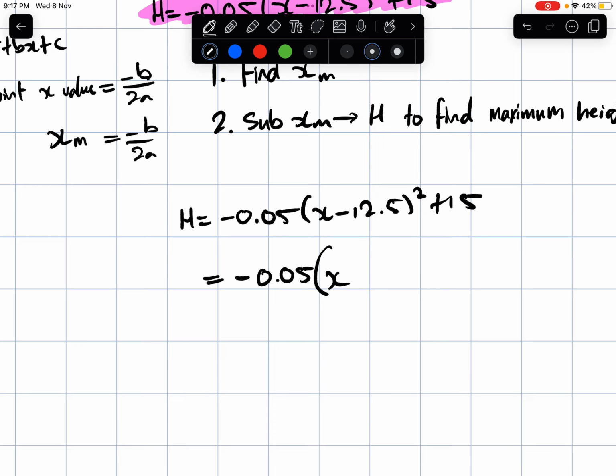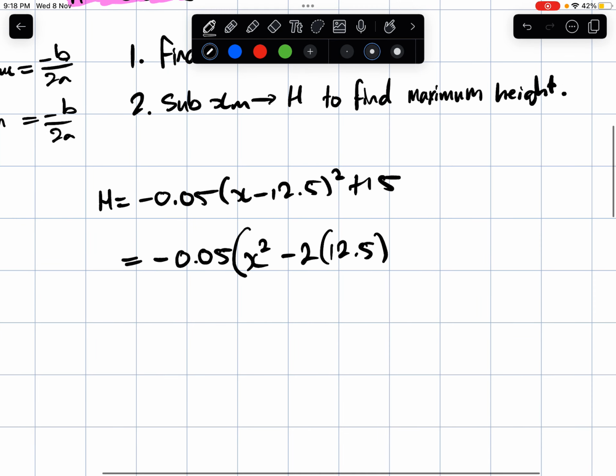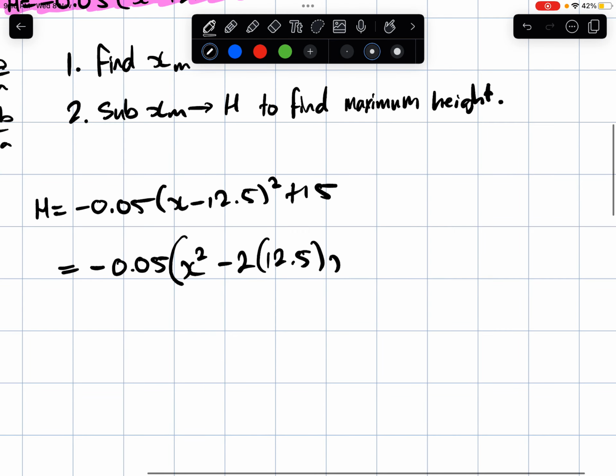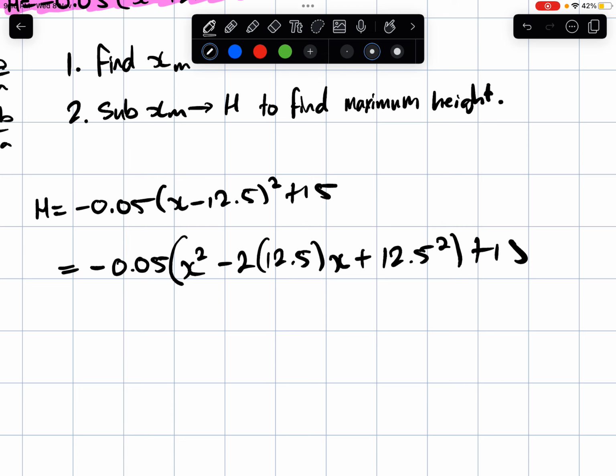That's just a general form. So x squared minus 2, and a is 1, and b is 12.5. And then b squared is 12.5 squared plus 15.